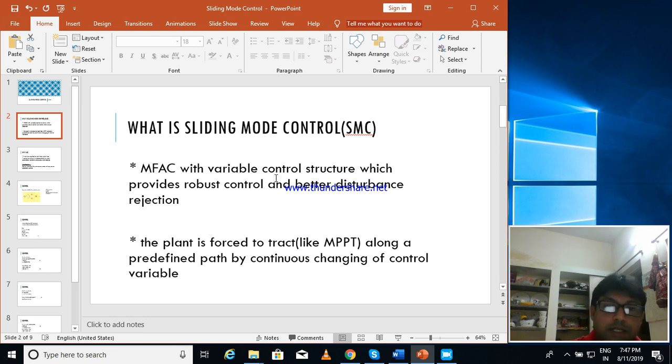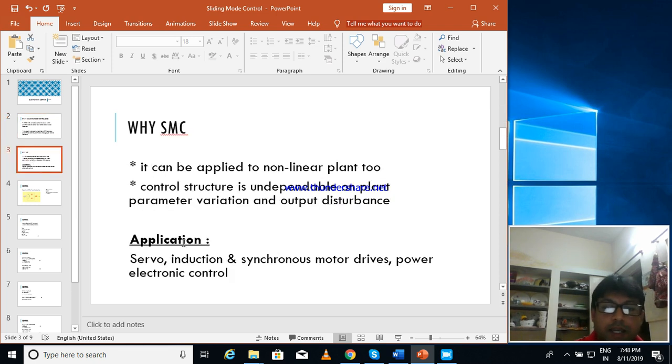So likewise, SMC, this sliding mode control, is also one of the control techniques which will continuously change the control parameters, and it will provide a robust control which is irrespective of the main plant dynamics. Okay, so why do we want to use it?